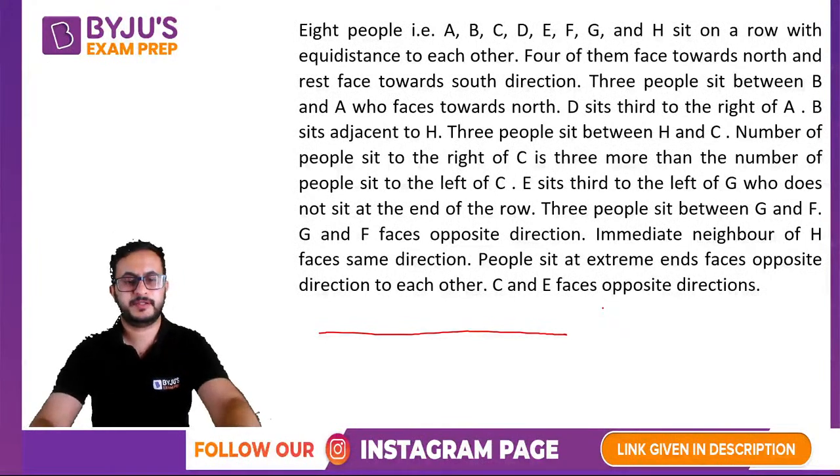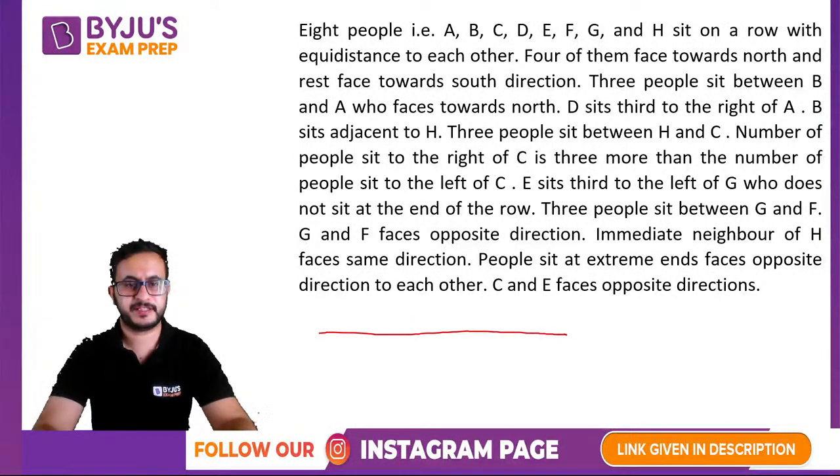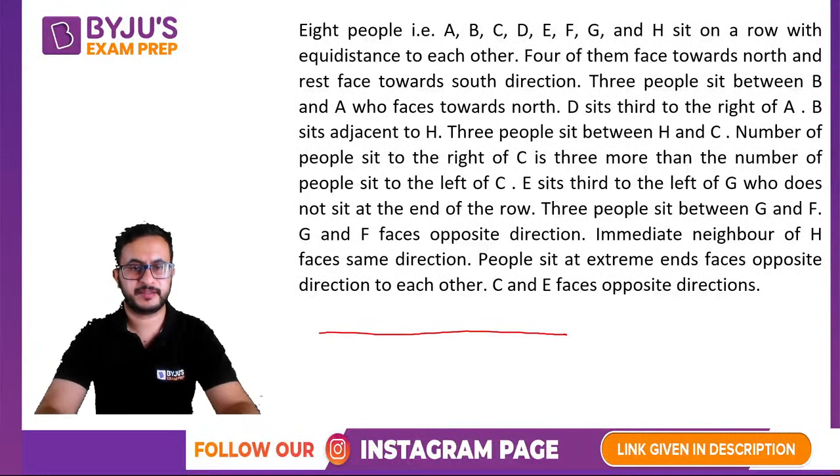So eight people, four of them facing north and four facing south, sitting in the same line. Sometimes it happens that people are on different lines, but here they are on the same line.